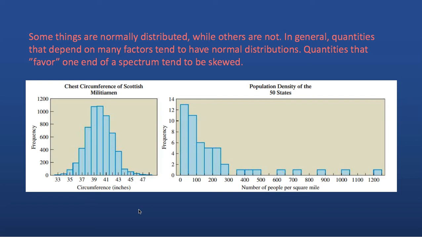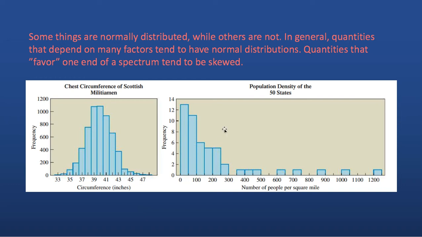But not all distributions are going to be normally distributed. On the right-hand side, we have something that's very clearly not a normal distribution. And that comes about either because it's caused by a very small number of factors that tends to push the distribution to have a certain shape, or there could be a boundary that is favored.